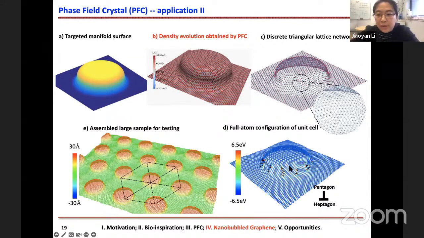From there we can see some dislocation formation in the transition area between the bottom flat surface and the top flat surface, and then we can design the pattern of the nanobubble graphene. Here you can see the tight packing of graphene as a hexagonal arrangement.